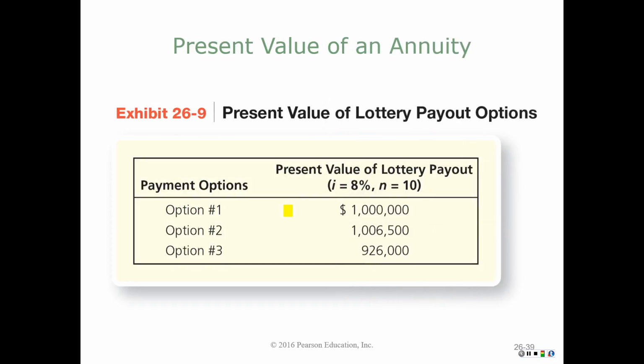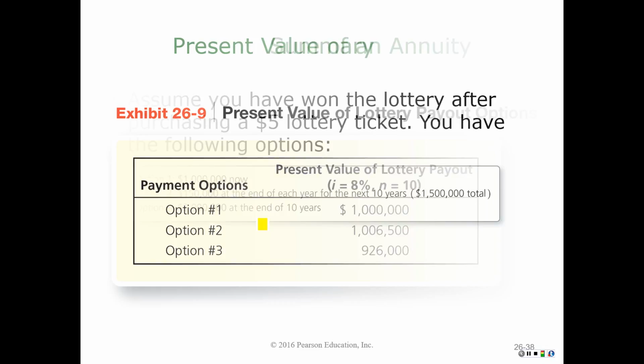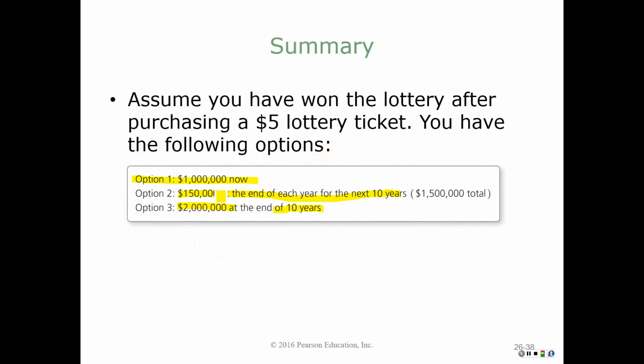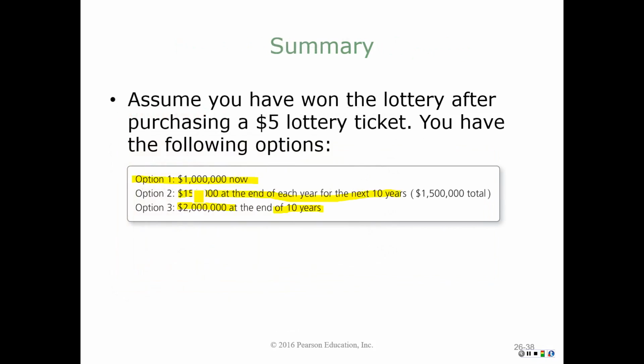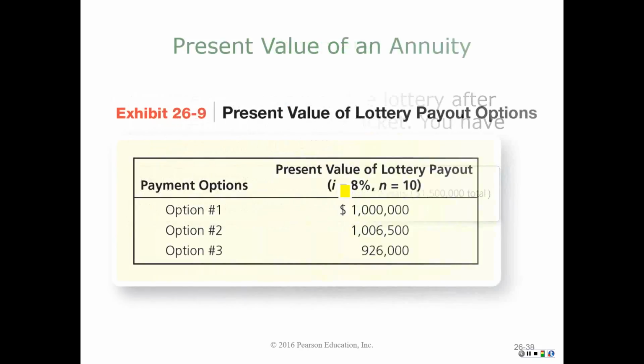So let's do that. If I were to calculate the present value in the examples we had just seen, 1 million today is 1 million. On option 2, we would look at the present value of an annuity table, $150,000 a year, at 10 years and 8%, and multiply the 150,000 times what comes from the annuity table.